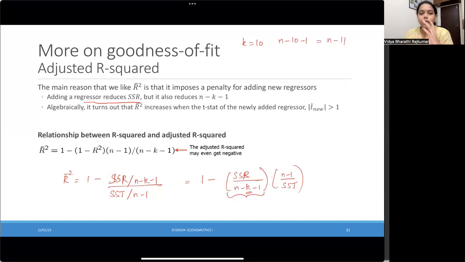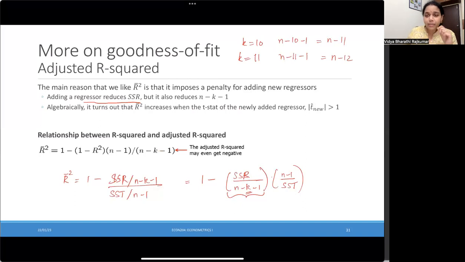Now, suppose we have 10 regressors initially, then the degrees of freedom for SSR will be n minus 10 minus 1, which is n minus 11. Suppose I add a new regressor, so my k now becomes 11. N minus k minus 1 now becomes n minus 11 minus 1, which is n minus 12.